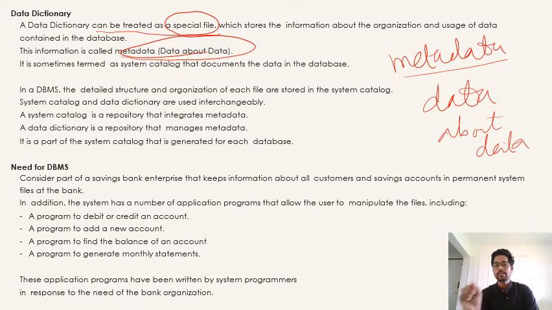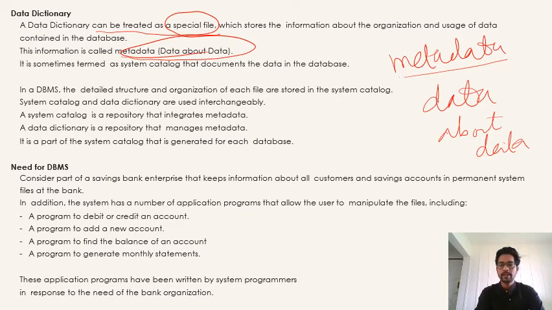It is sometimes called the system catalog. System catalog means that whatever operations you perform with your system, all that information is stored in some files. That is the system catalog. In a DBMS, the detailed structure and organization of such a file is stored in a system catalog.